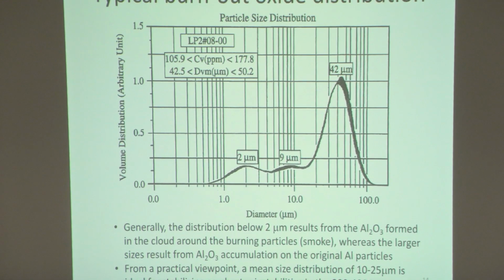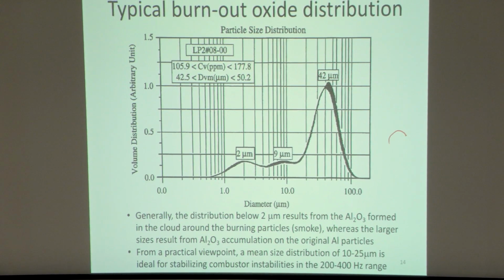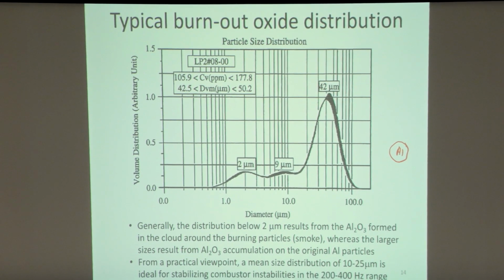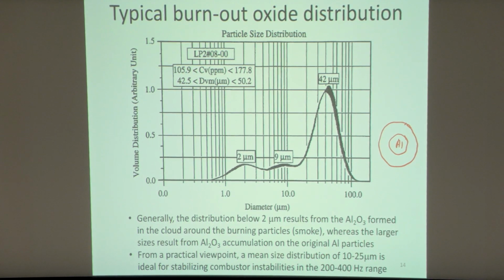Okay, so one of the questions is, I showed you in those simple ideal experiments, here's my aluminum and here's my aluminum oxide being formed in this detached flame. And I've already noted as I go to higher pressures, I'm going to expect this flame to come closer to the surface and essentially be on the original particle.